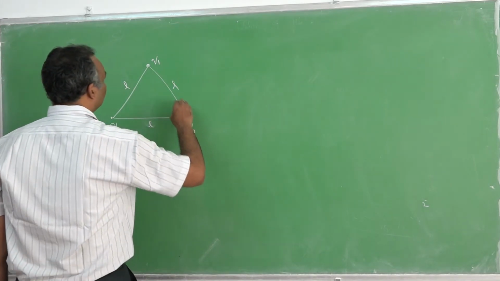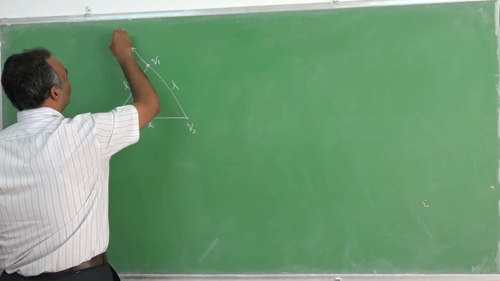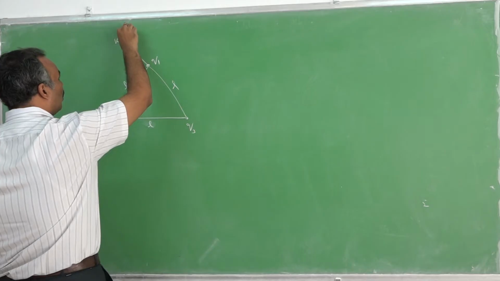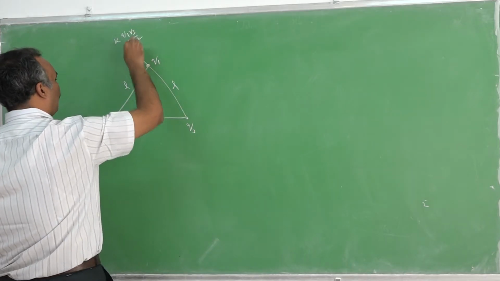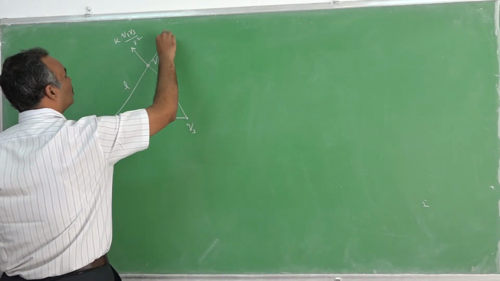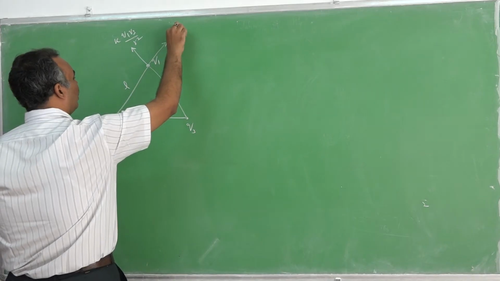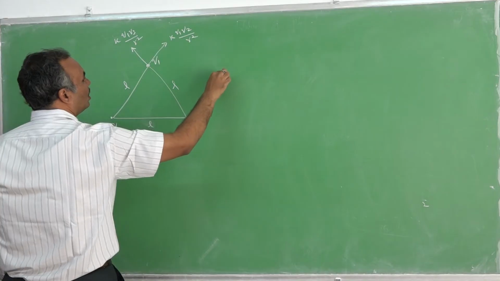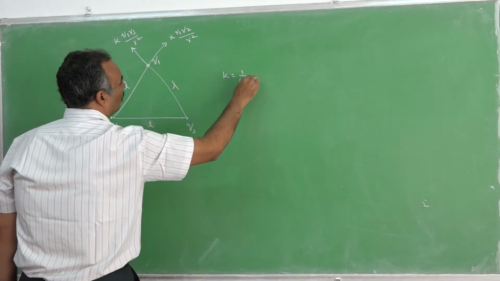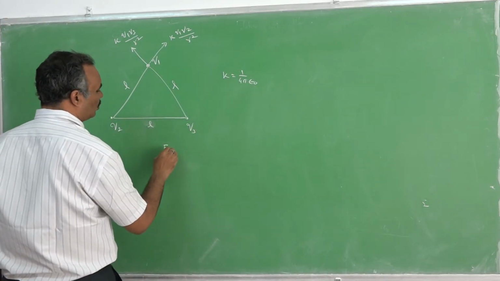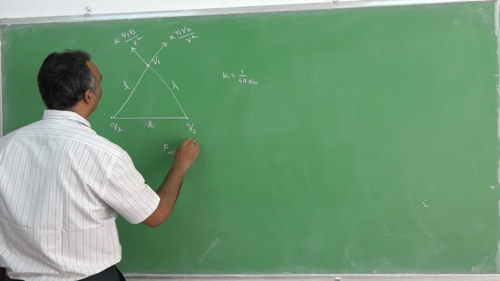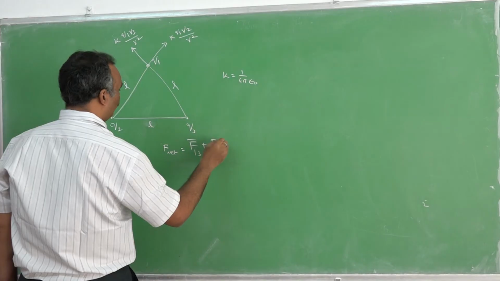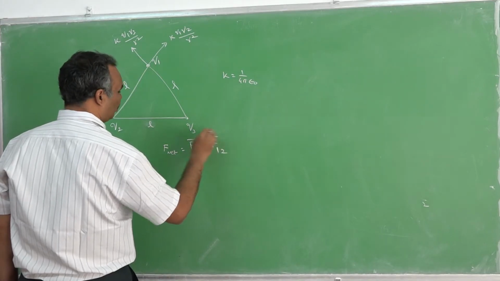That means these two will repel each other with a force given by K into Q1 Q3 by R square. These two are repelled with each other by a force K into Q1 Q2 by R square. Here K is 1 by 4 pi epsilon naught. The net force is the sum of the force experienced by the first charge due to the third charge and the force experienced by the first charge because of the second charge.